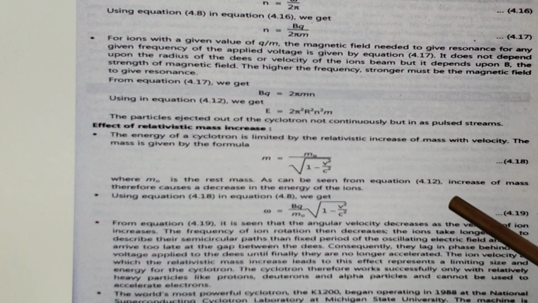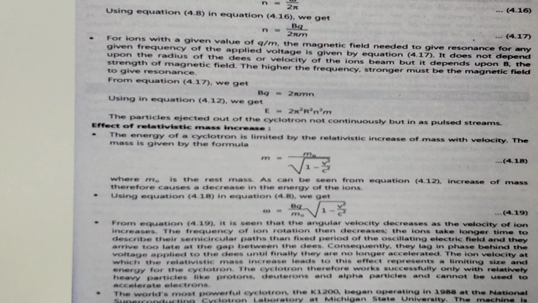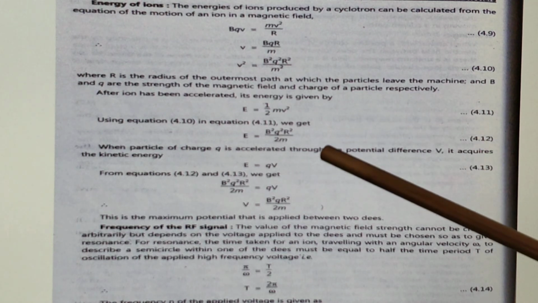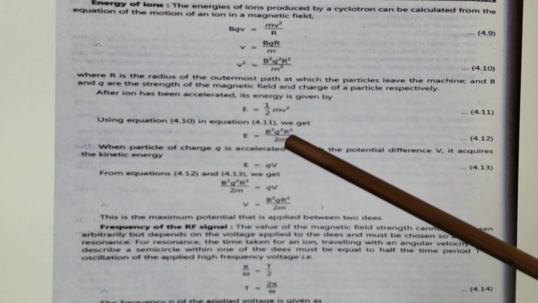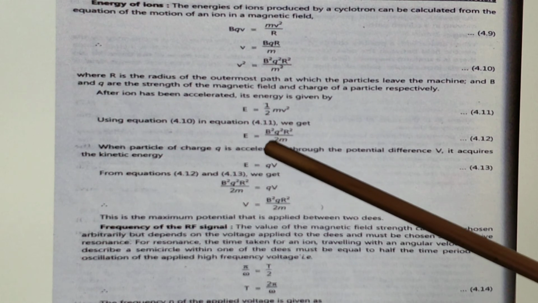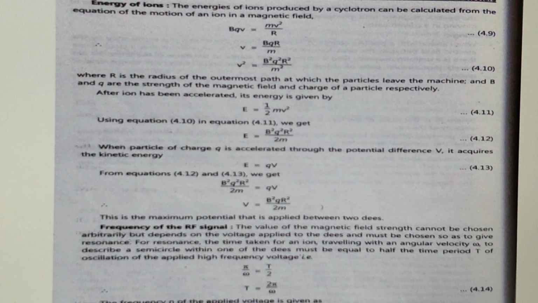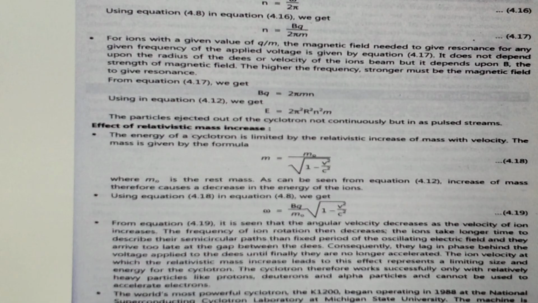Taking equation 4.12, equal to B square Q square r square upon 2m, here energy is inversely proportional to the mass of the particle. As mass increases, energy decreases.